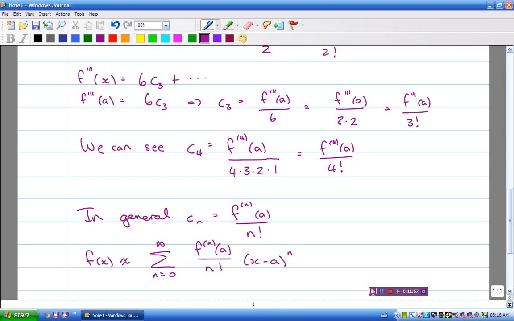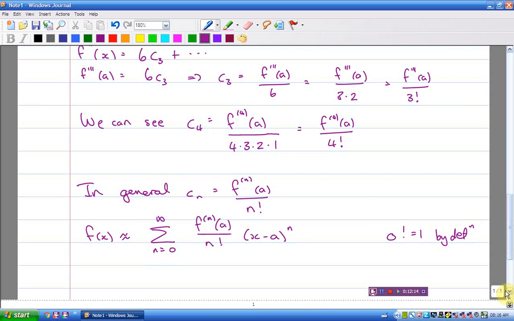In the n equals 0 case, we've got x minus a to the power 0, that's just 1. We've got a 0 factorial. 0 factorial is defined as 1, by definition, but there are various ways one can justify that definition by interpreting a factorial as the number of ways of choosing so many objects from so many objects.